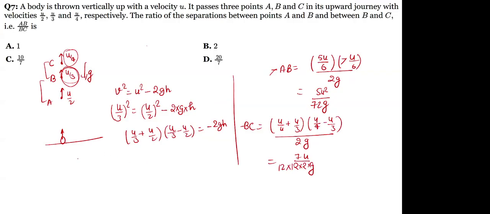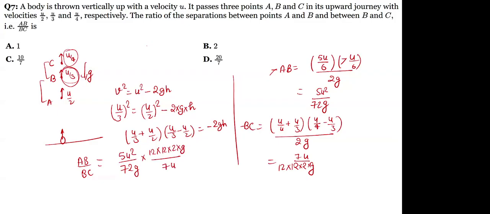If you take the ratio AB by BC, AB will be 5u square upon 72g, and this will become 12 into 12 into 2 into g divided by 7.